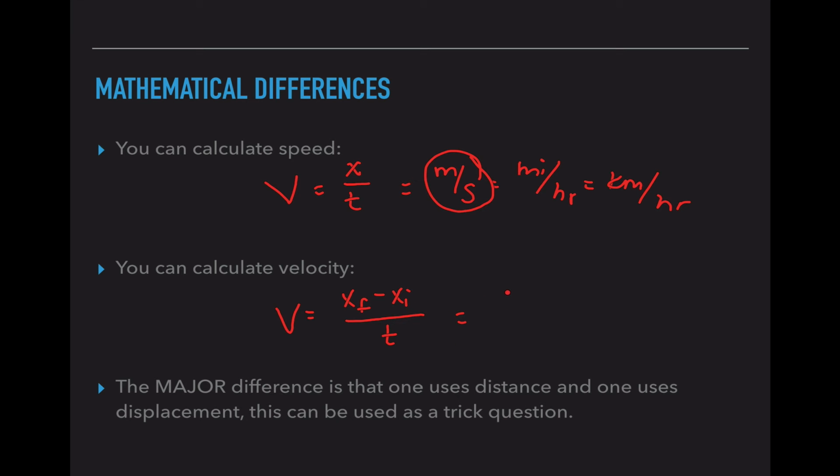And mathematically, this can be rewritten as delta x over t, or change in x over time. Okay? The major difference is one uses distance. This is distance. And one uses displacement.